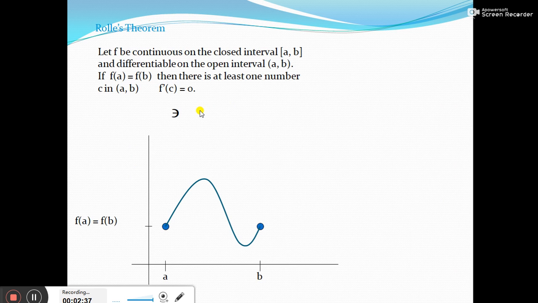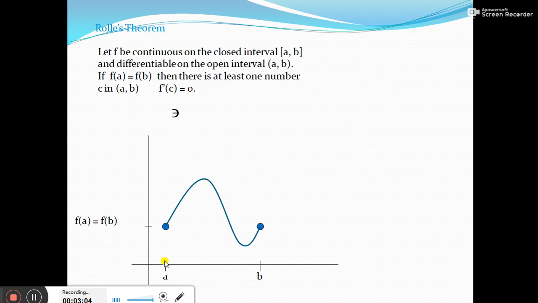And now you have to see the geometrical interpretation. Let f be continuous on a closed interval [a, b] and differentiable in the open interval (a, b). And if f(a) is equal to f(b). First condition is continuous, second is differentiable in the open interval, third condition f(a) is equal to f(b).